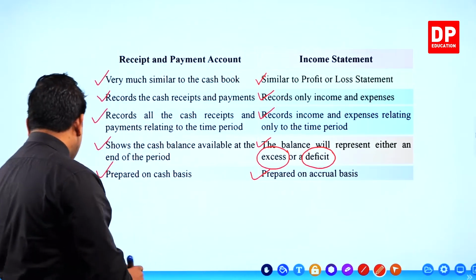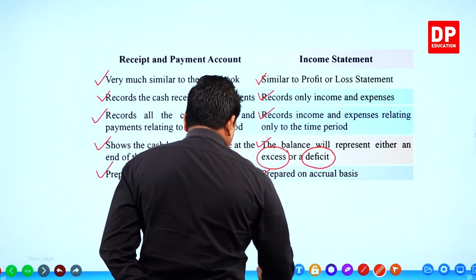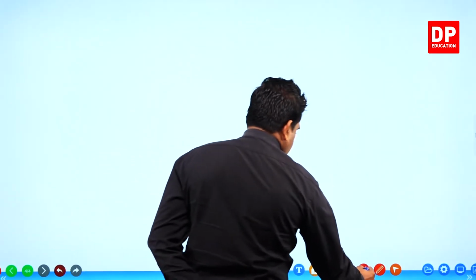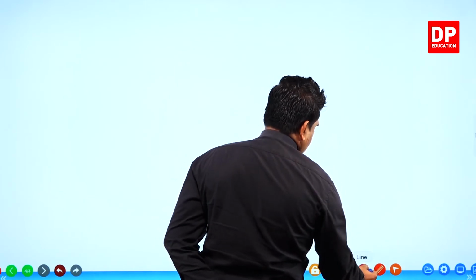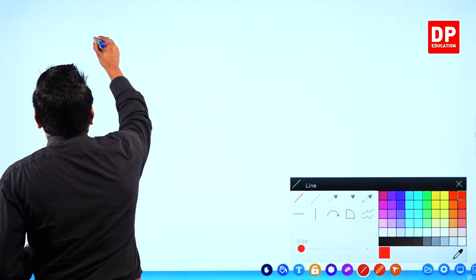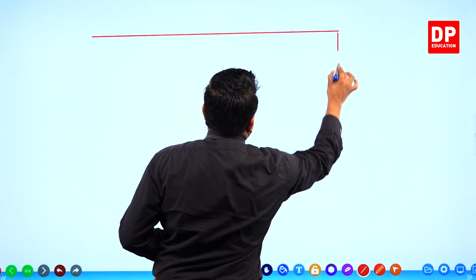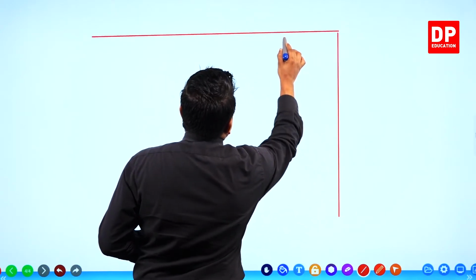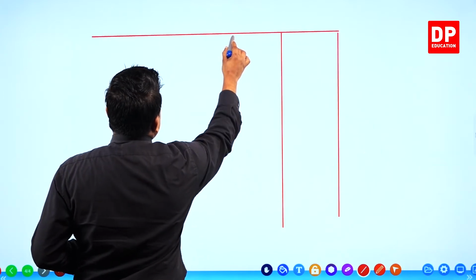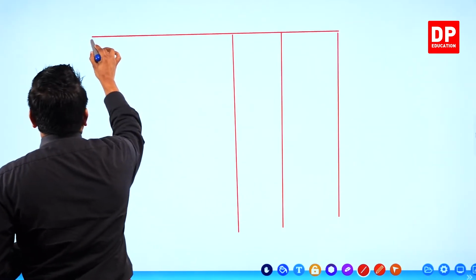I'll draw the income statement here. If you want, you can draw this income statement with me.